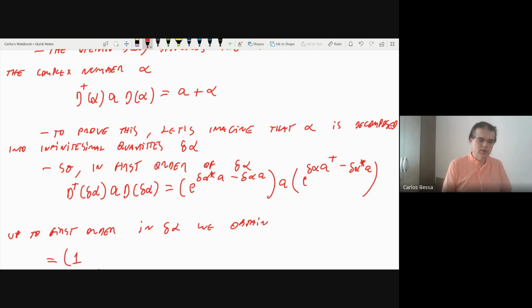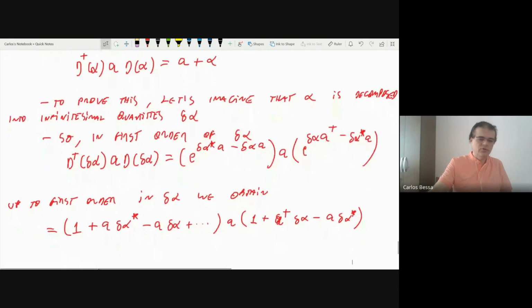This is 1 plus delta alpha conjugate a minus delta alpha a dagger plus the other terms, times a, and expanding this, 1 plus delta alpha a dagger minus delta alpha conjugate a.